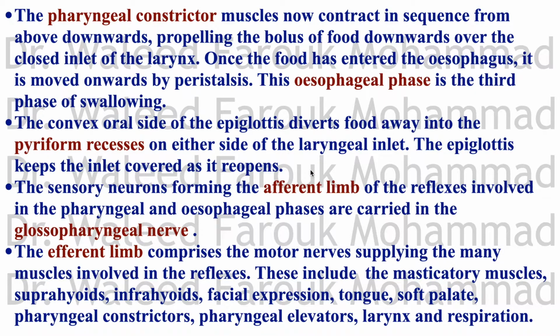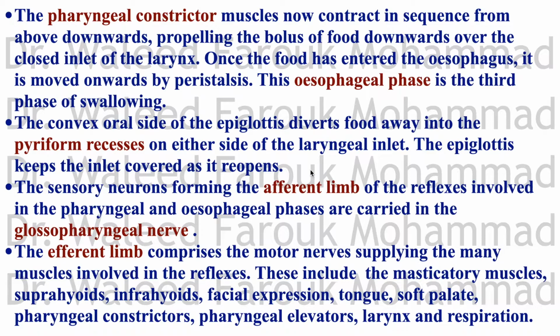Now the pharyngeal constrictor muscles start to contract from above downwards, propelling the bolus of food downwards over the closed inlet of the larynx. Now the food has entered the esophagus. It's moved onwards by the peristalsis of the esophagus.